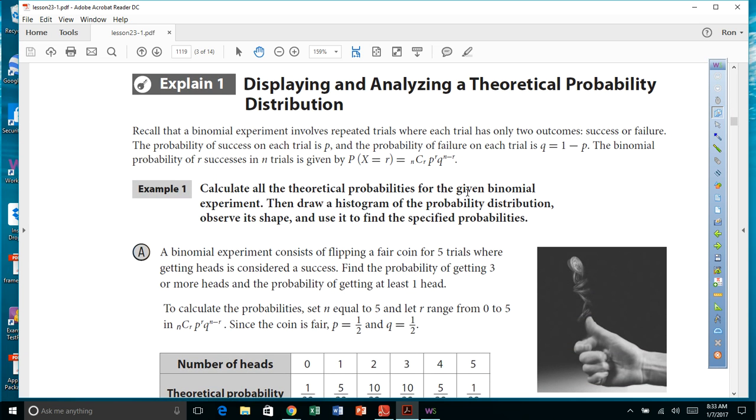Recall that a binomial experiment involves repeated trials where each trial has only two outcomes, success or failure.